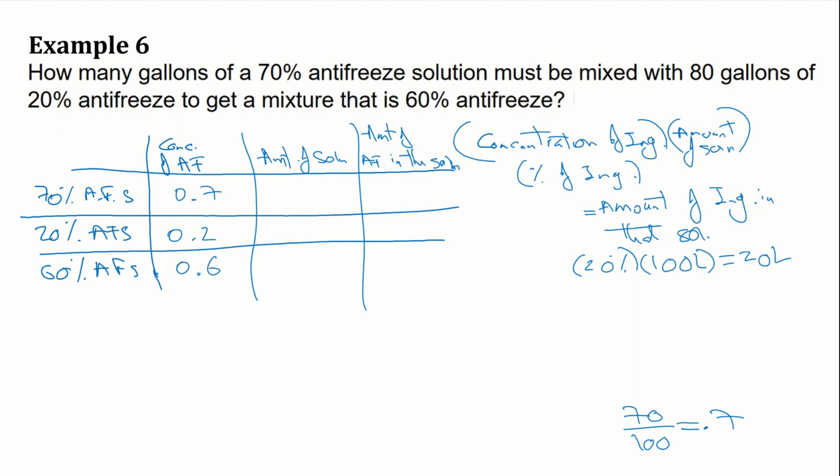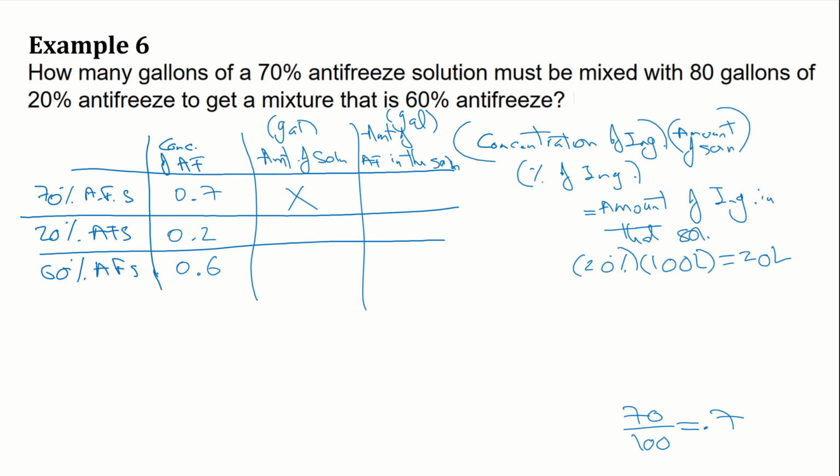Now, we don't know how many gallons of the 70% antifreeze solution we're going to use, right? That's what we're trying to find out. So this is going to be X. We know how much of the 20% antifreeze solution we're going to mix. We're going to use 80 gallons. So remember that this is going to be in gallons, and so will be the amount of the antifreeze in the solution.